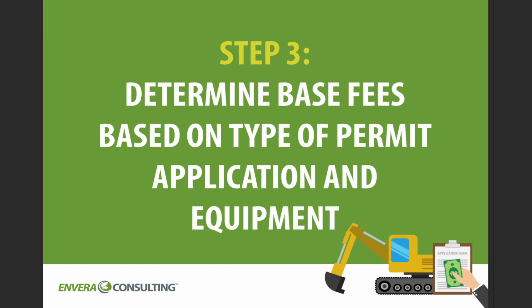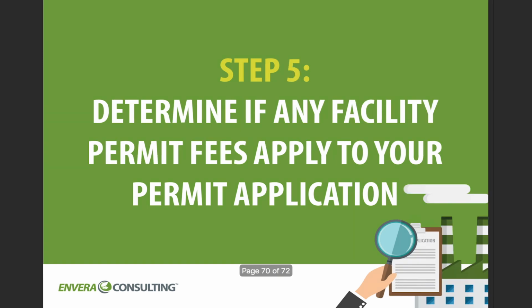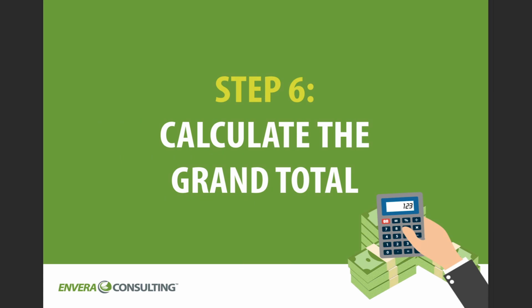Number 3, determine the base fees based on the equipment type and application that you have. Number 4, determine if there are any fee modifiers that apply to your permit application. Number 5, determine if your facility needs to modify their facility permit and thus submit additional fees to do so. And then number 6 is to simply calculate the grand total.